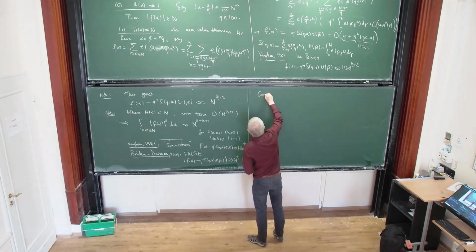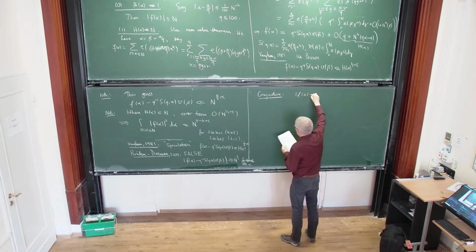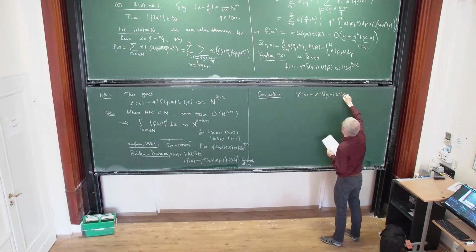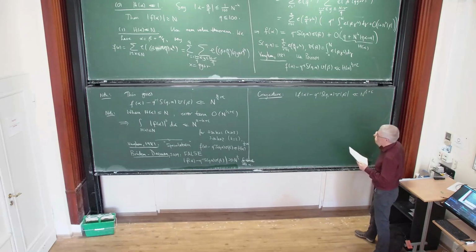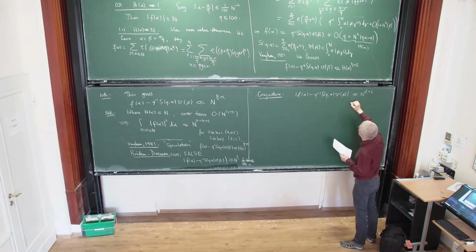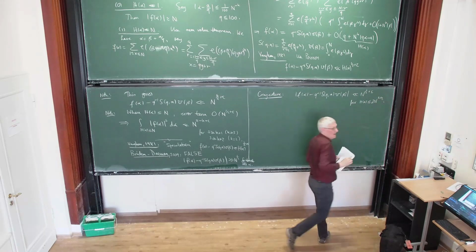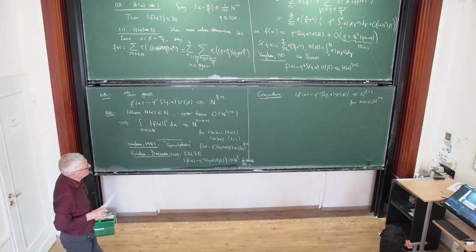And so I think the conjecture that most people would believe is that this difference between f of alpha and its main term is less than square root of n for all alpha, height going up to n to the k over 2.